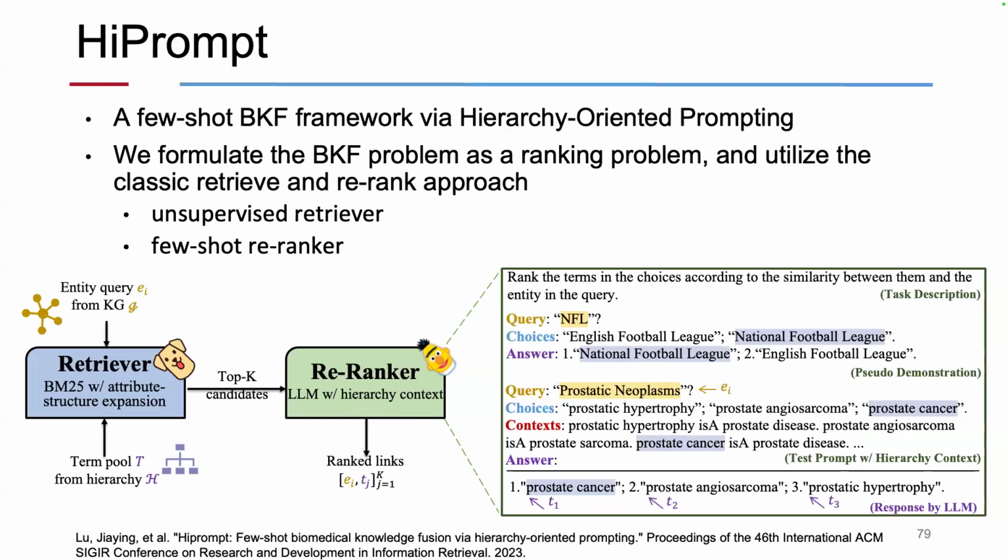For these two steps, we also designed some techniques to improve each of them. For the retriever, the problem is you want to get more of the relevant ones. You don't want to get rid of potentially relevant target entities, because if you do, there's no way to get them back in the re-ranking step. So you can get some less relevant ones, but you don't want to lose the potential ones. For that, we leveraged the fact that the query entities we took were from a knowledge graph.